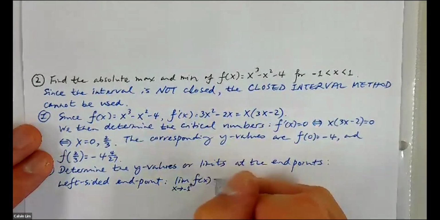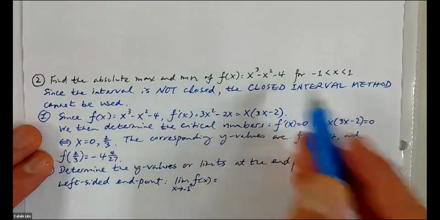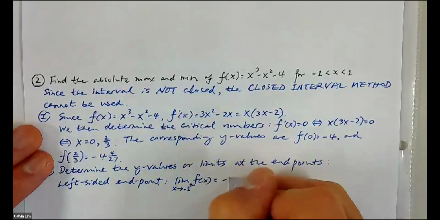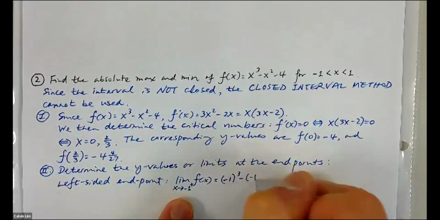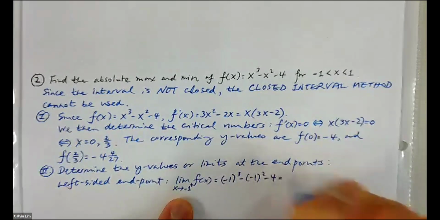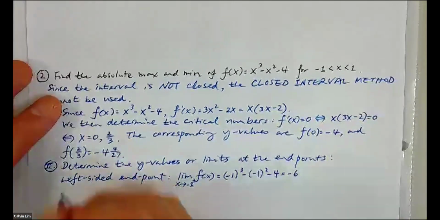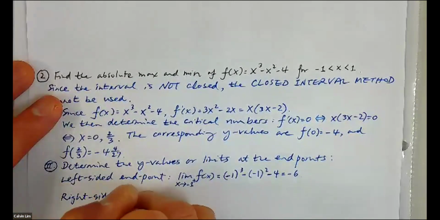So how do you determine the limit of a polynomial function? Direct substitution. So -1 cubed minus (-1) squared minus 4. That is -6.